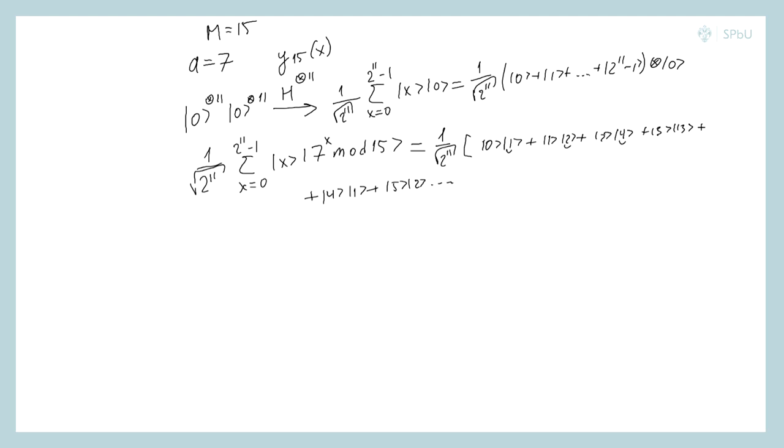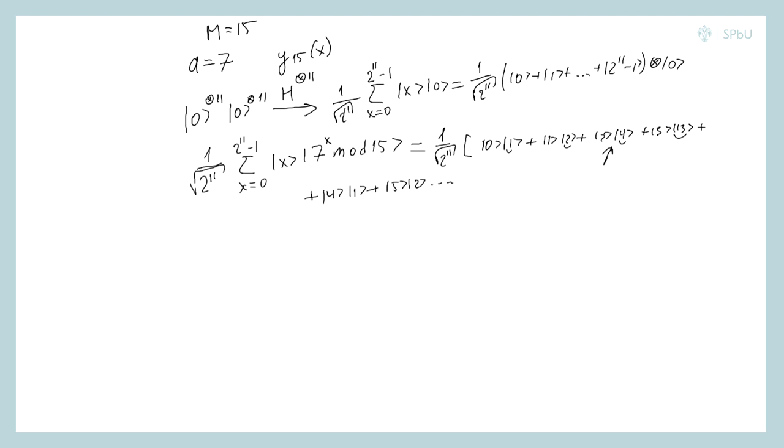The next step, the value register is being measured, and after the measurement, we get one of these 4 values. For example, let it be the value 4. So we perform the inverse QFT on the data register.